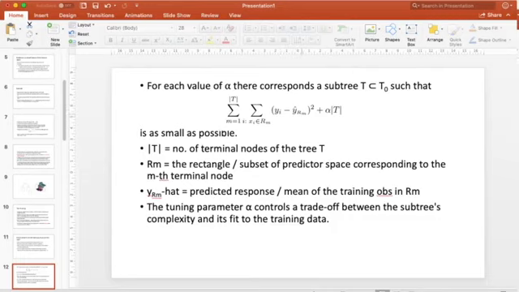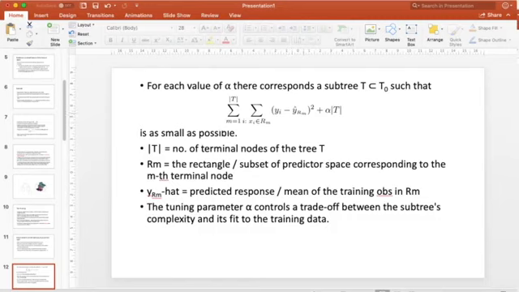The y hat Rm is the predicted response, or the mean of the training observations in these particular regions. We try to minimize the difference between y and the mean of y in that particular region as much as we can.